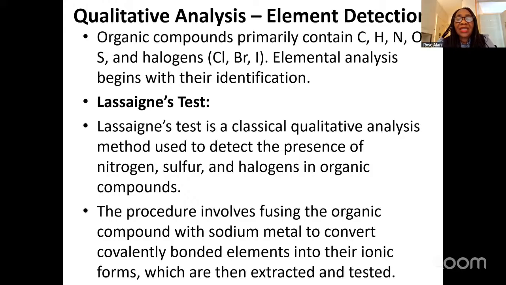Lassaigne's test is a classical qualitative analysis method that is used to detect the presence of nitrogen, sulfur, and halogens in organic compounds. This procedure involves fusing the organic compound with sodium metal to convert covalently bonded elements into their ionic forms, and then they are extracted and tested.